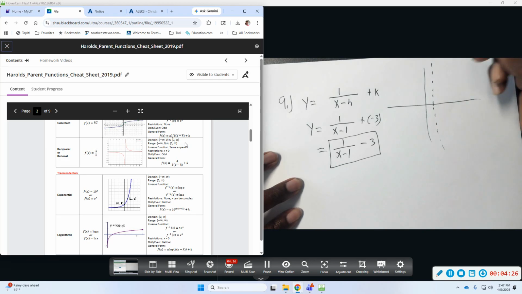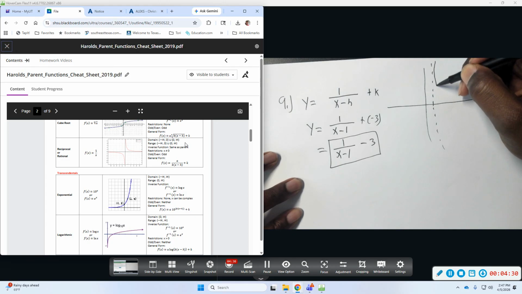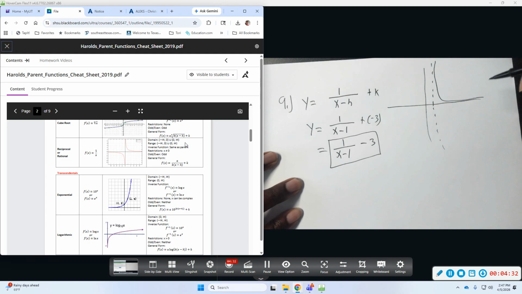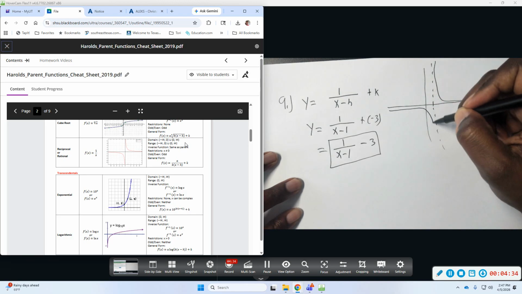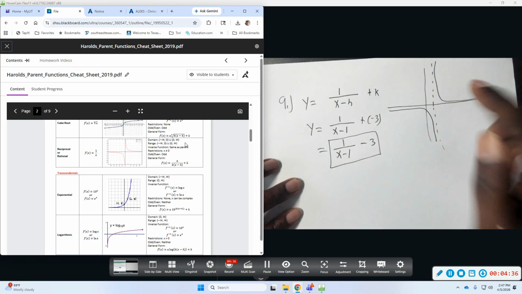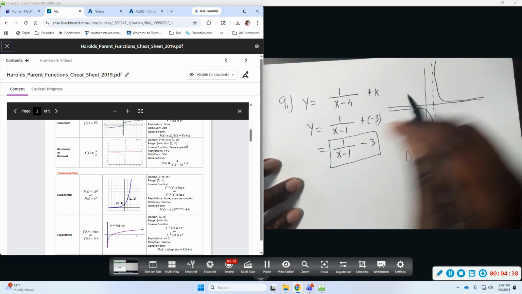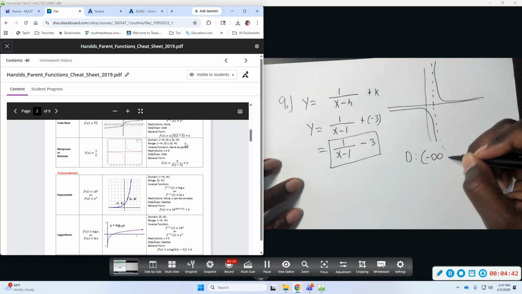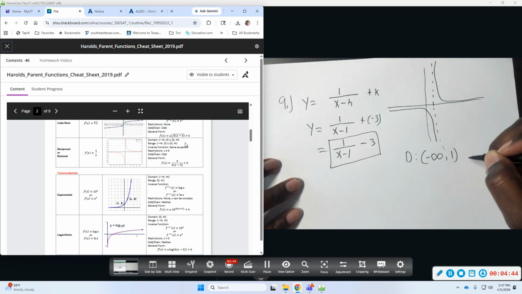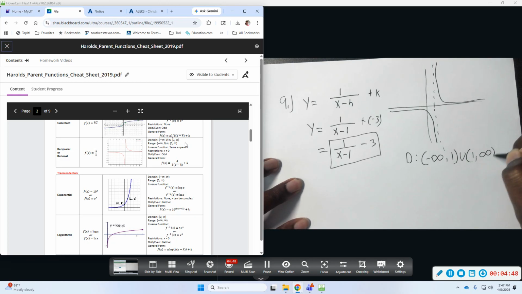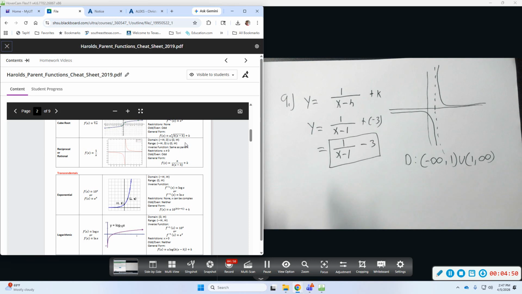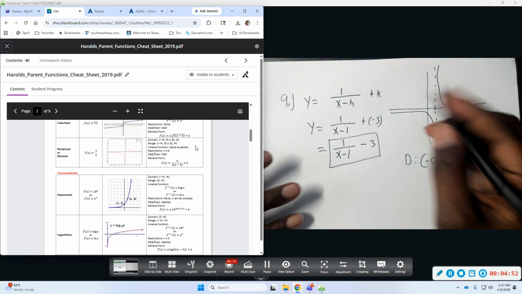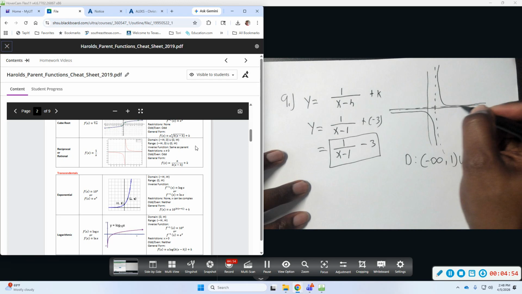So now our graph is going to look like this with just that part. So that's the right 1. So my domain, because it got shifted right 1, is going to be negative infinity to 1 and then 1 to positive infinity. Now, we also have a horizontal asymptote of 0 starting out.